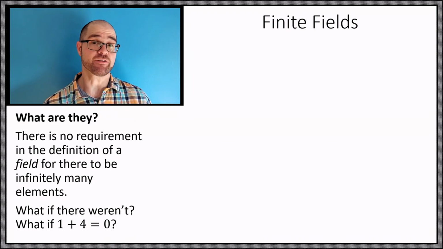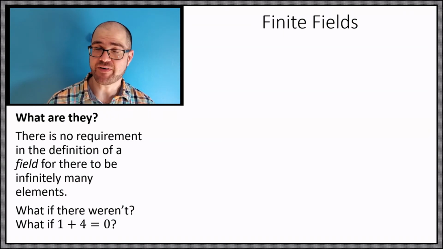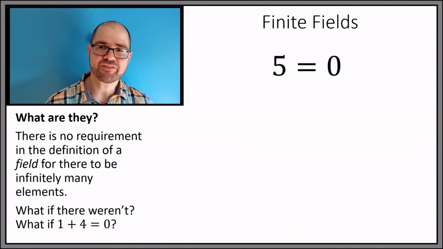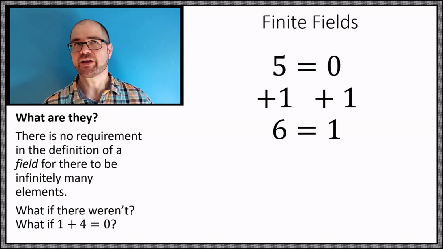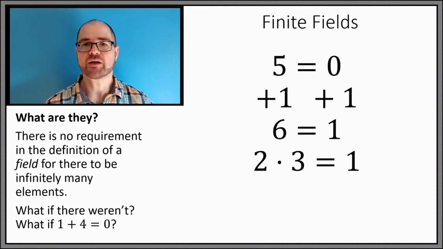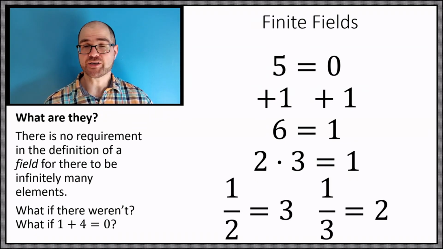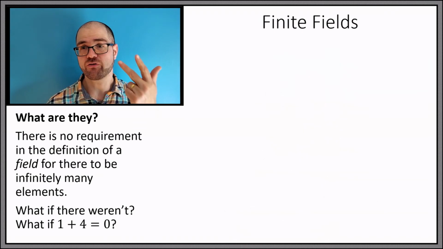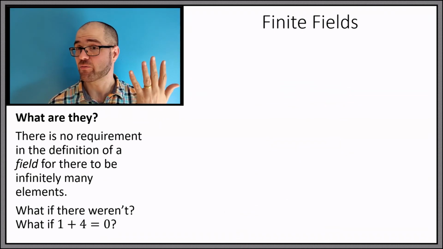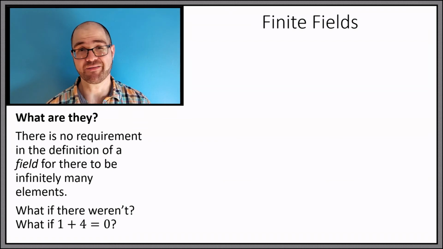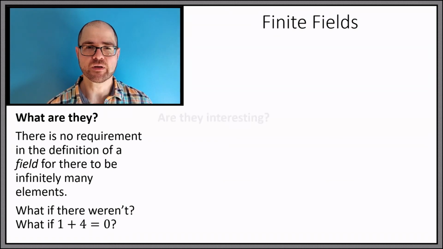Then we don't need fractions to have multiplicative inverses. If 5 equals 0, then 6 equals 1. Therefore, 2 times 3 is equal to 1. So 2 and 3 are multiplicative inverses to one another. Further work will show that just the numbers 0, 1, 2, 3, and 4 can form a field when you make the presumption that 5 equals 0.